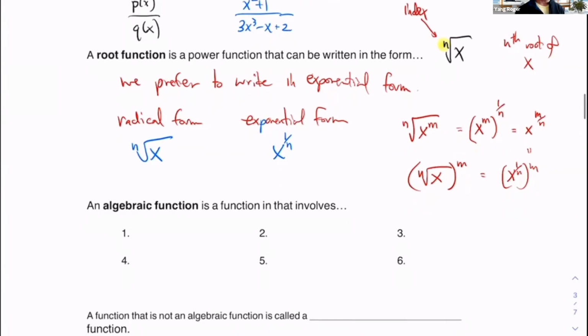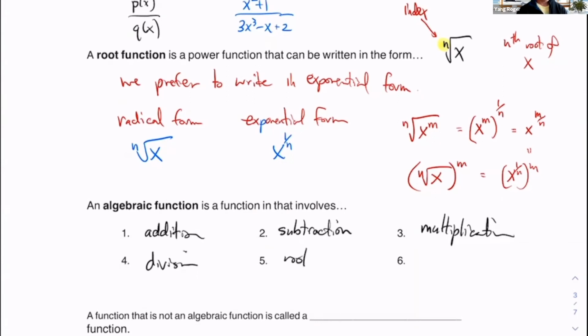Algebraic functions are functions that involve addition, subtraction, multiplication, division, roots, and radical powers, which are just fractional powers of polynomials.